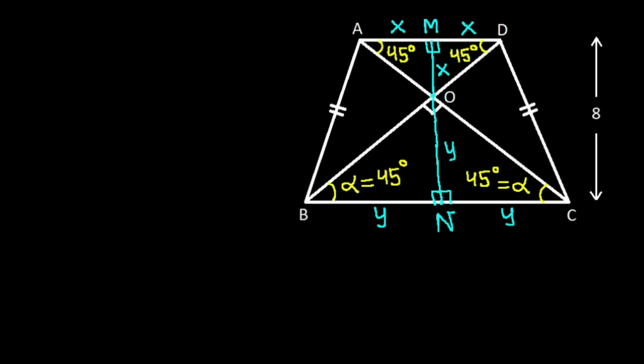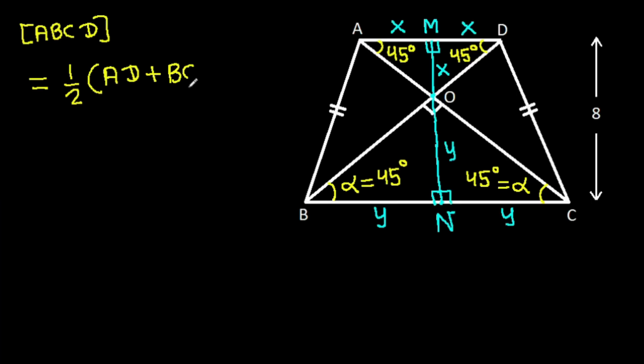Now the area of ABCD will be 1/2 times AD plus BC times the height, which is MN.